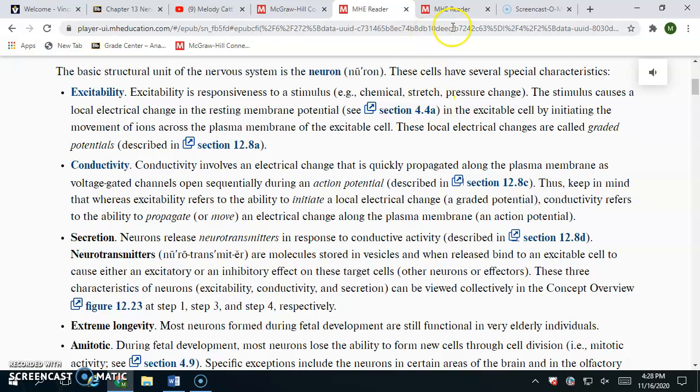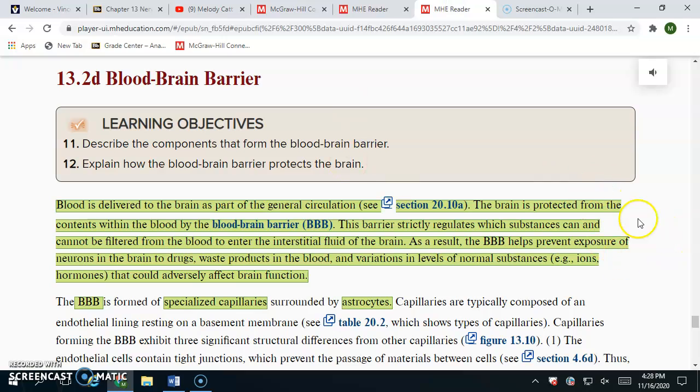So knowing that, the blood may contain various substances that may not be in the right amount, maybe in excess, or something that could excite our neurons when we don't want them to be excited. Also, our blood carries waste products out of the body.